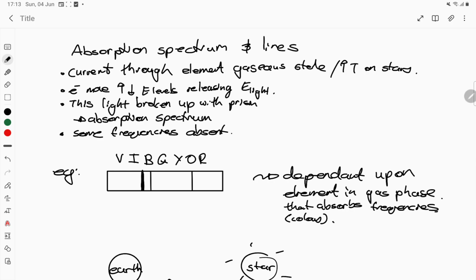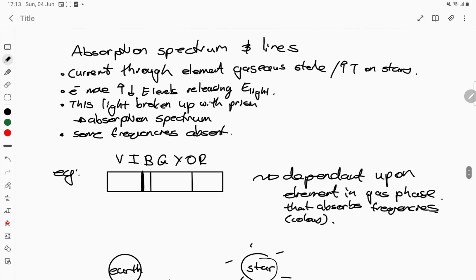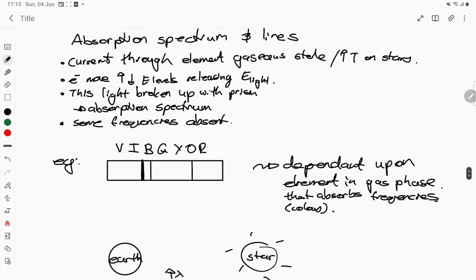It's called an absorption spectrum because some of the frequencies will be absorbed by the gas. So it depends on the element. I wrote here, dependent on the element in the gas phase, it will absorb certain frequencies or certain parts of the color, which will make these little gaps in our Roy-G-Biv situation. So just take a look at that. Roy-G-Biv is backwards in these absorption spectrum diagrams.